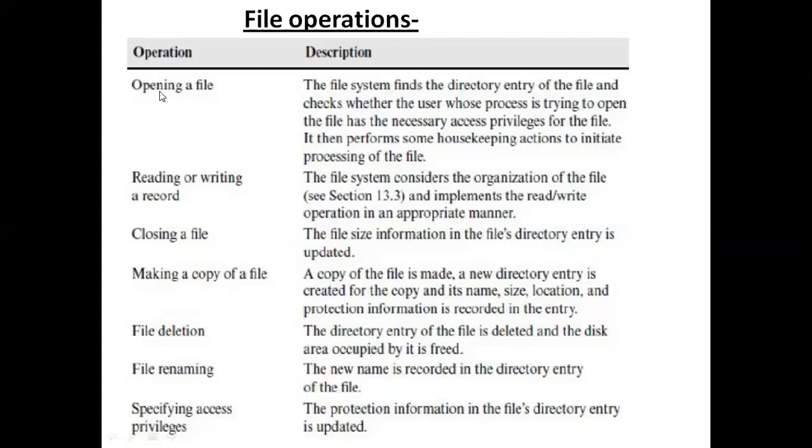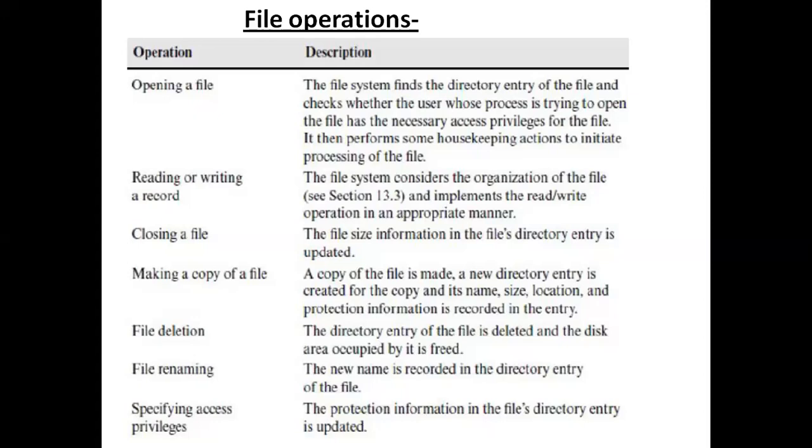Regarding opening a file, the first operation on the file is opening a file. A process needs to execute the open statement before it can do any operation on the file.